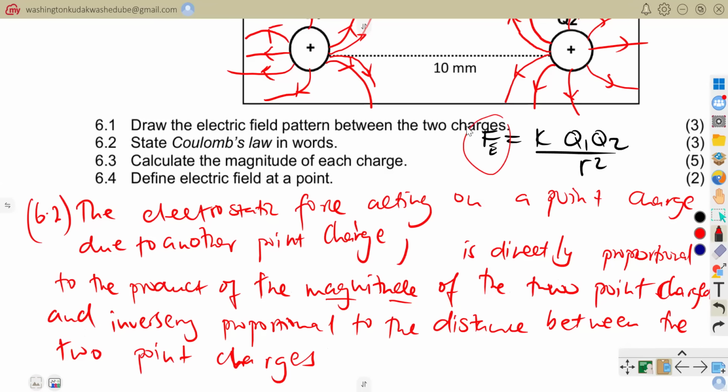So this electrostatic force acting on Q1 due to Q2 would be directly proportional to the product of these two charges and inversely proportional to the distance between those two charges. So that is the law that was stated by Coulomb.